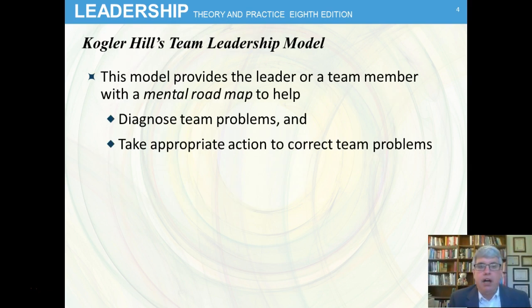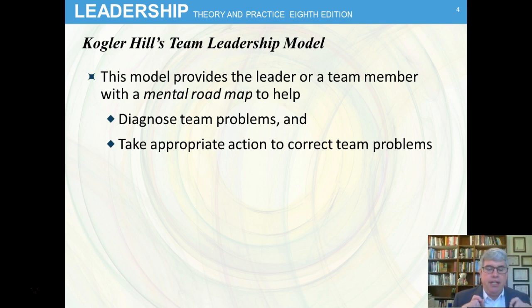So we're going to look at Kogler Hill's team leadership model, and this model provides a leader or a team member who wants to provide leadership with a mental roadmap for help. Basically, this gives me some ideas to think about how I can help the team better function.